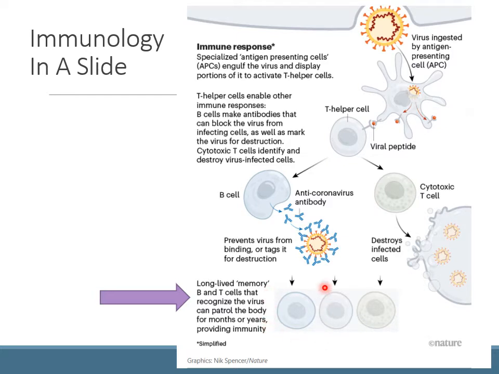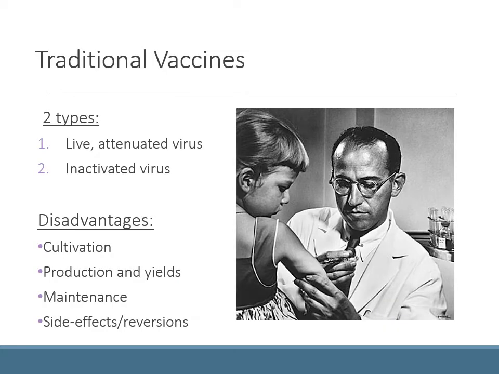So that is the basis for vaccines, to stimulate a response that will then produce these memory cells so that next time an individual encounters the actual pathogen, the live infectious agent, they will respond immediately and clear that agent from the body before any disease develops. All right, pretty good.